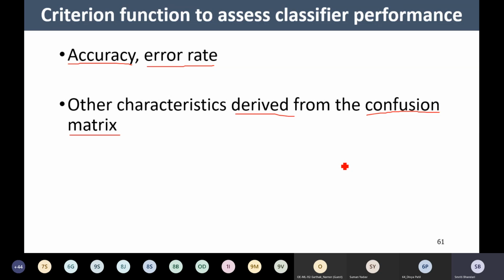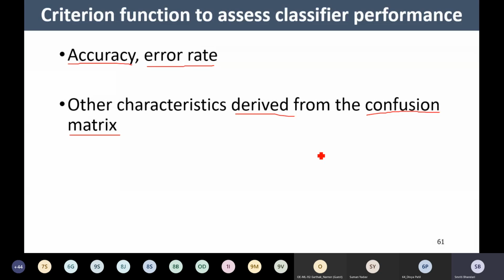then the false positive rate, false negative rate, and also specificity, sensitivity. So these are the performance metrics derived from one simple matrix known as the confusion matrix. In the next session, we are going to focus on all these different metrics that can be used to evaluate the performance of a classifier.